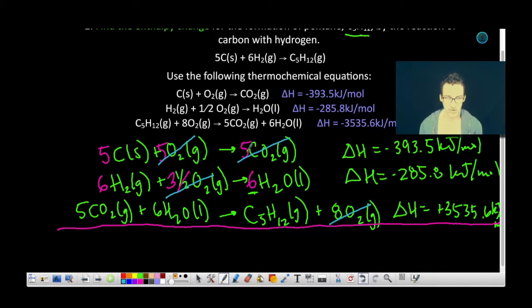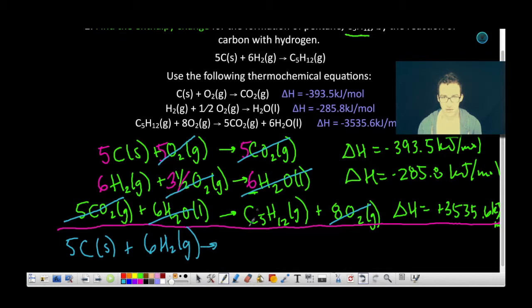Additionally, my 5 moles of carbon dioxide in the product side of that first equation will cancel out the 5 moles of carbon dioxide on the reactant side in that last equation. Likewise, adios, those 6 moles of water, which will leave me then conveniently with 5 moles of solid carbon plus 6 moles of hydrogen gas, forming our 1 mole of pentane in the gaseous state.